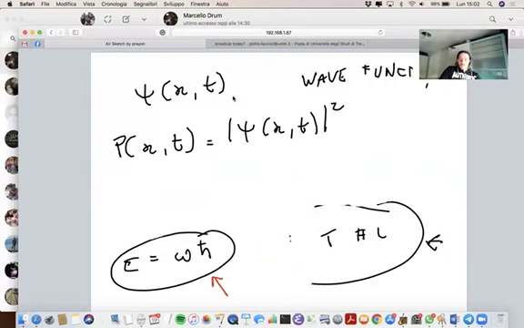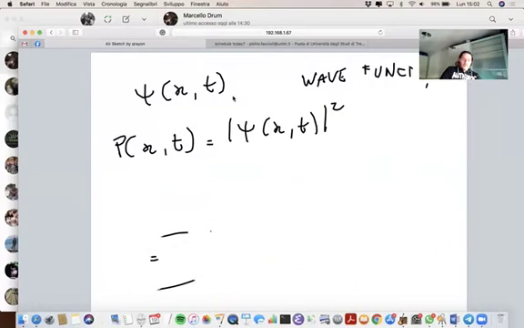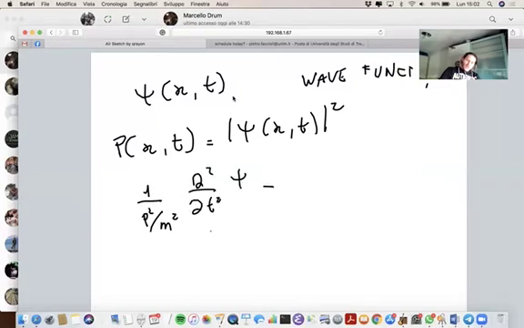So what we tried to see is whether we could apply a wave equation in the form: 1 over velocity squared, which we can write as p squared over m squared, times the second derivative with respect to time of the wave function, minus the second derivative with respect to space of the wave function, is equal to 0.